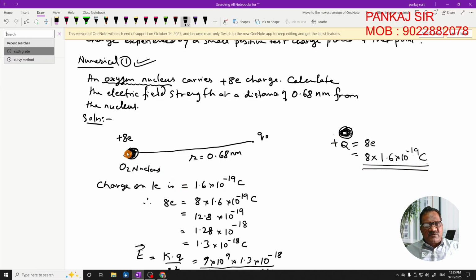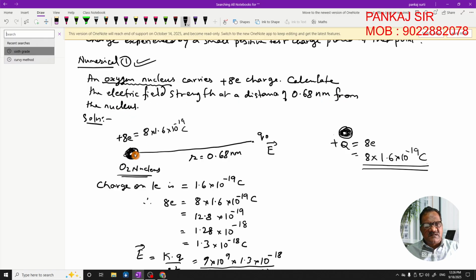So suppose you have a nucleus over here, the oxygen nucleus. It is having plus 8e charge, that works out to 8 into 1.6 into 10 raised to minus 19 coulomb. And he has asked you to calculate the electric field strength E at a distance of 0.68 nanometer from the nucleus.